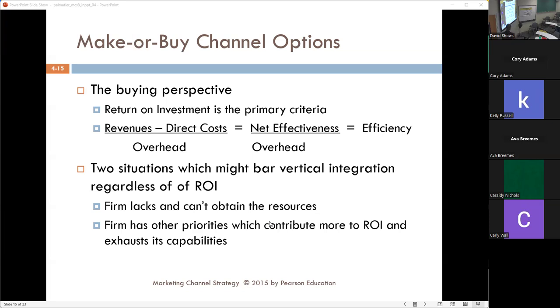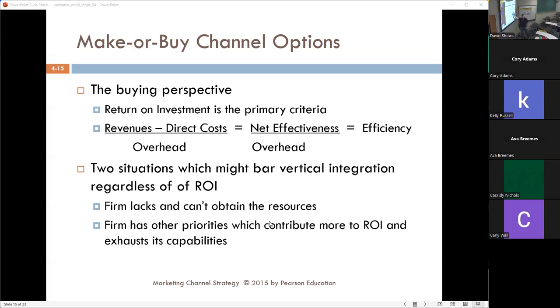So the first thing you do is take total revenue and subtract the direct cost. Those are all of the costs directly associated with the production of the total units to create this revenue.